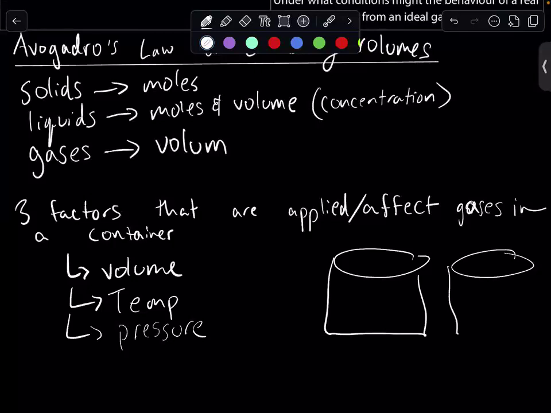So if you have two containers of the same number of particles, let's say we have here argon, and then here, I'm trying to make sure it's the same amount, we have water vapor.